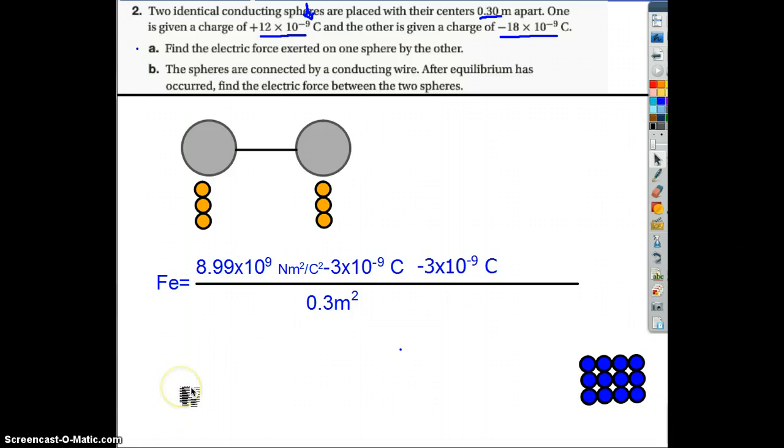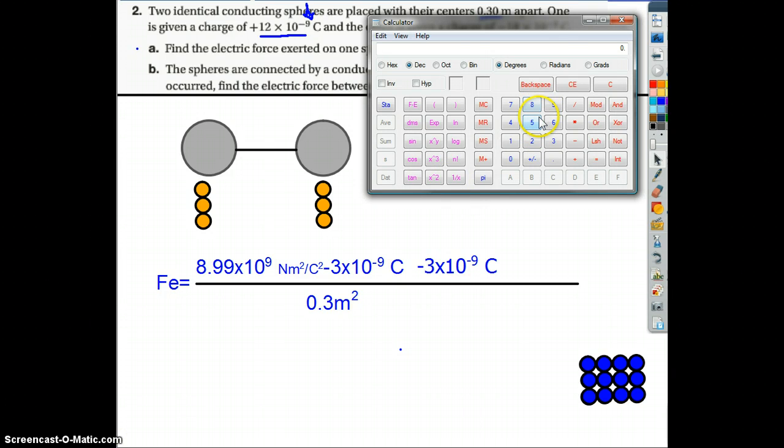So let's do a calculation on that one real quick. Alright, let's do this. 8.99 to the 9th times 3, that's negative, to the negative 9th times 3, that's negative, to the negative 9th, hit my equals, divide by, and I remember from the old calculation, this squared is 0.09, so divided by 0.09 equals.